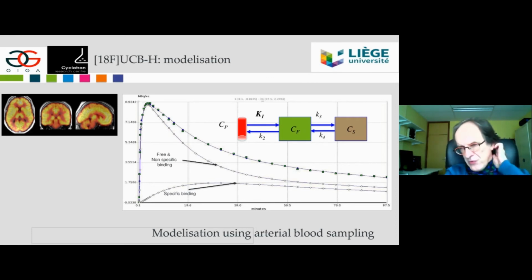Just because the brain arteries are concentrating your radio tracer, and it's from those arteries that it's leaving to go into the brain. What is closest to the activity in your brain is the activity you will obtain in your arm. So you put an arterial catheter in one of the arteries of the arm, and you've got a proxy of what's going on in the brain.